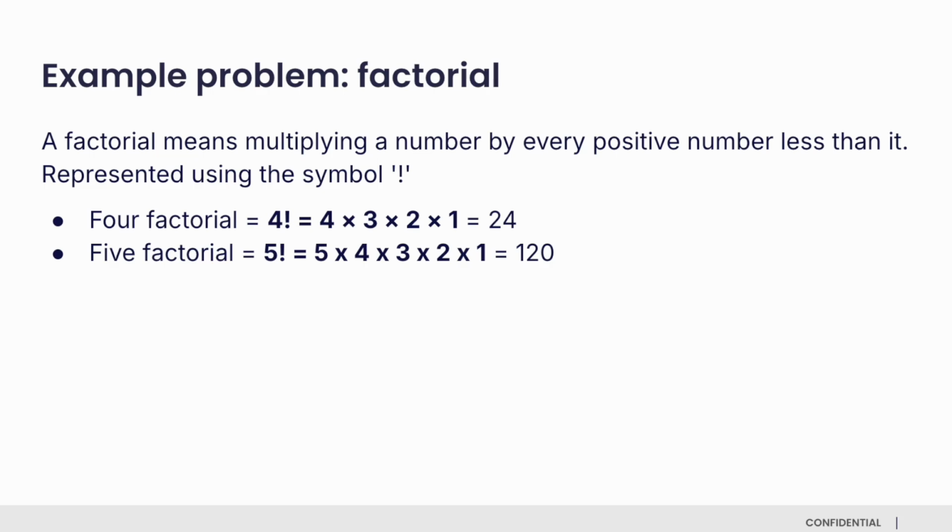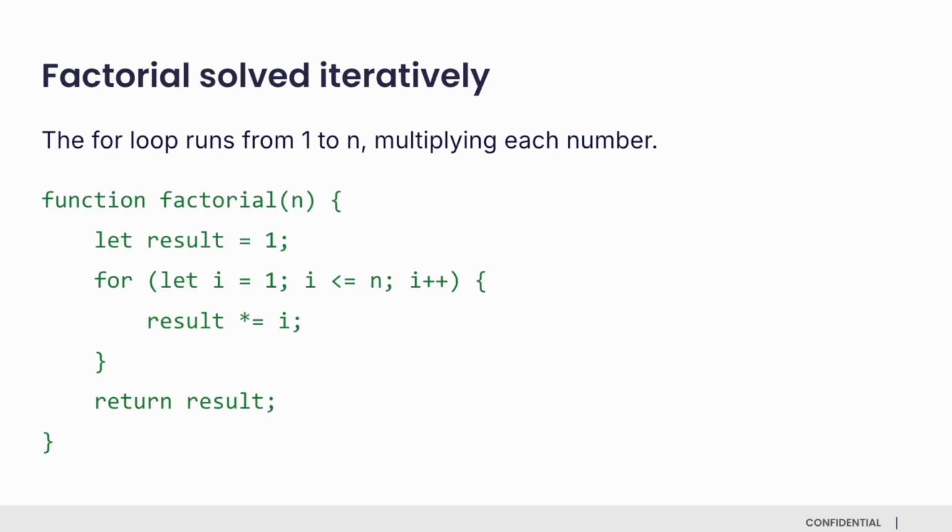That will mean multiplying 4 by 3 by 2 and finally 1, which gives us 24. Similarly, 5 factorial, or 5 exclamation point, would be 5 times 4 times 3 times 2 times 1, which equals 120.